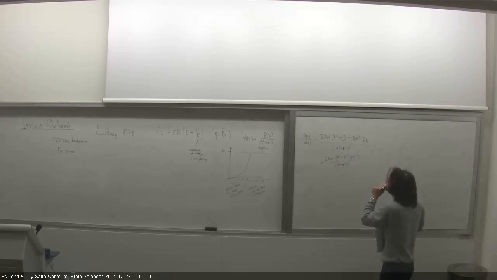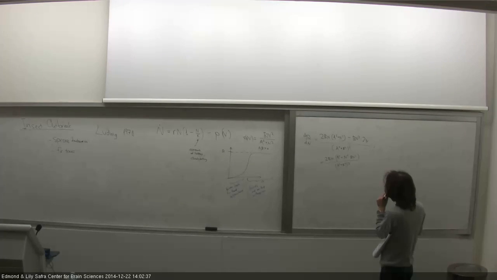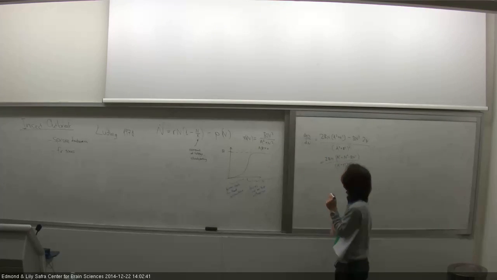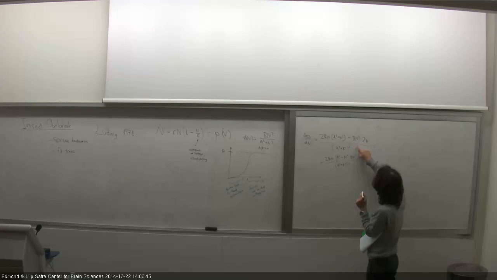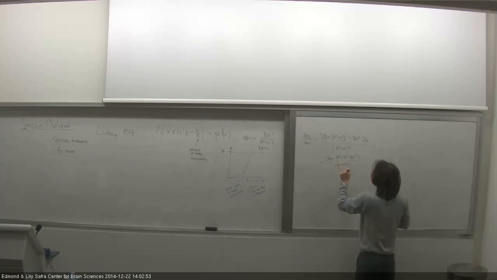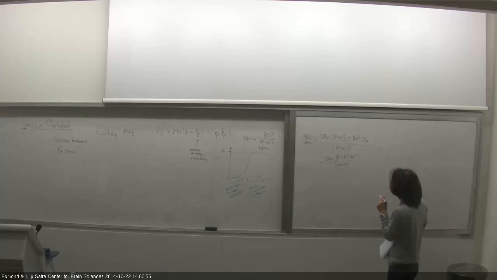And then I'm asking, is A squared plus n squared in the denominator? In the denominator, right? Yes. Okay. I'm asking when is this maximum?